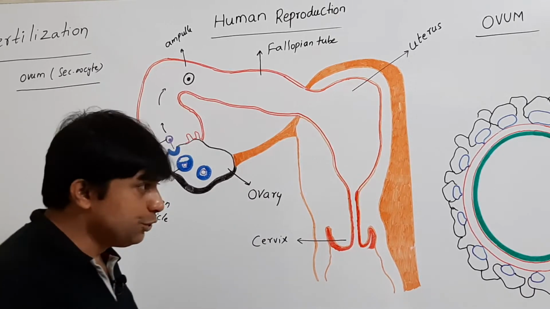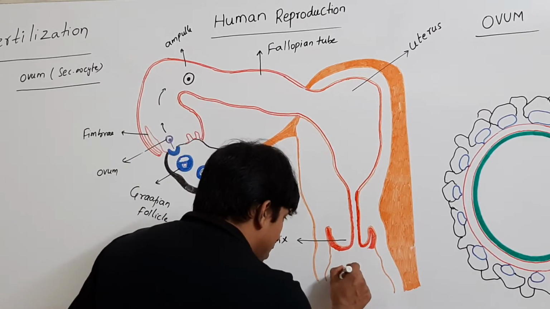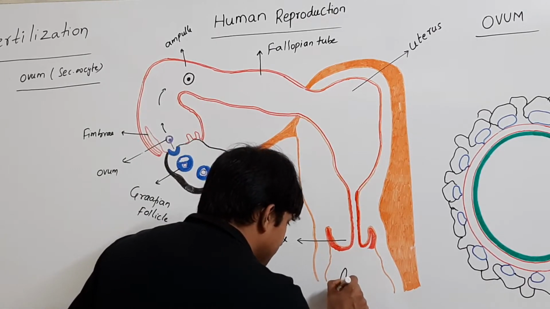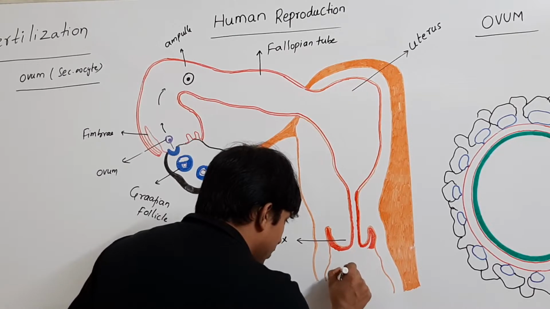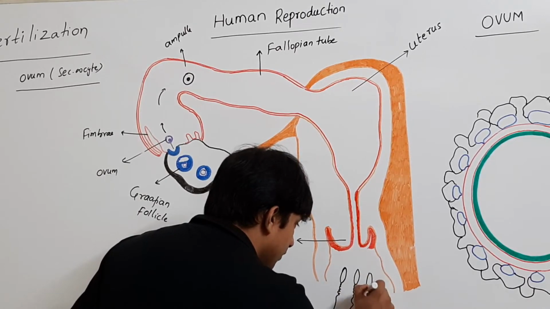Now during copulation, sperms are inseminated at the vagina of the female. So remember, these are all the sperms.